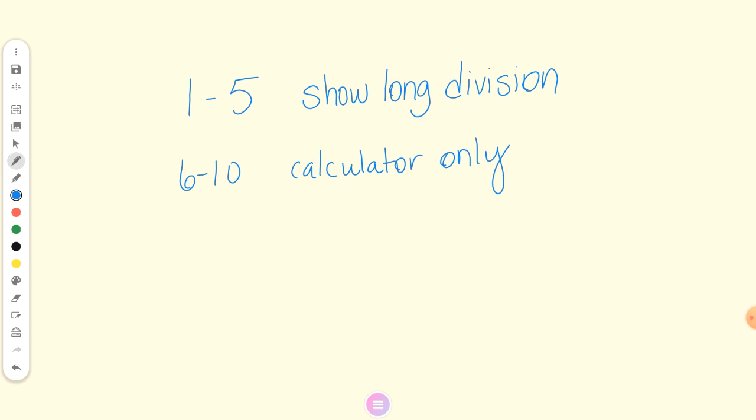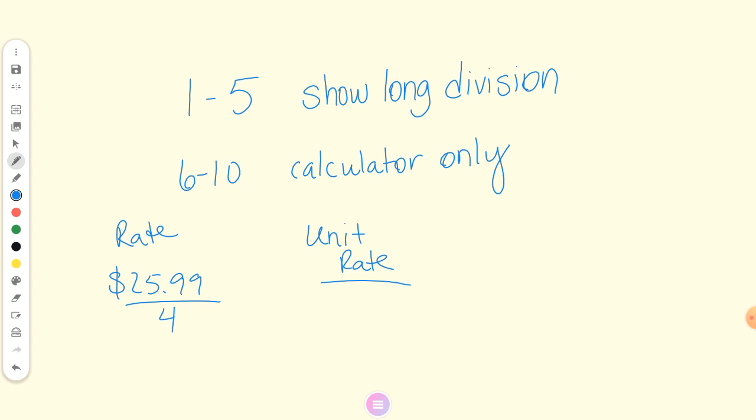On 6 through 10, I'm just going to make up a number: 25.99 for 4. If that is your rate and it's on number 6 through 10, everybody pick up your calculator. How do I type that into my calculator?